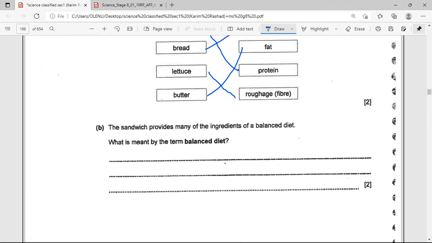Now we have another part of the question. It states that the sandwich provides many of the ingredients of a balanced diet. What is meant by a balanced diet?